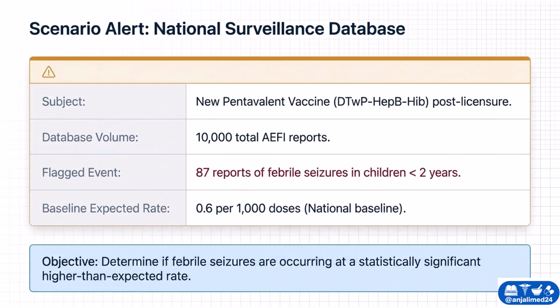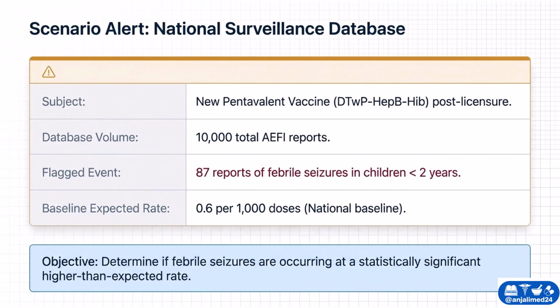In this scenario, a national surveillance database is evaluating the safety profile of a newly introduced pentavalent vaccine after post-license rollout. The database currently contains 10,000 adverse events following immunization reports. Among these reports, 87 cases of febrile seizures were identified in children younger than 2 years of age.